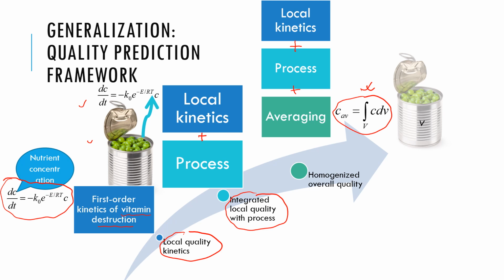So in this case, the framework consists of three parts: local kinetics, and that comes from chemical reactions, understanding of how this quality factor changes, typically almost always from experiments, and then you combine that here with process, and then finally you do some sort of an averaging.